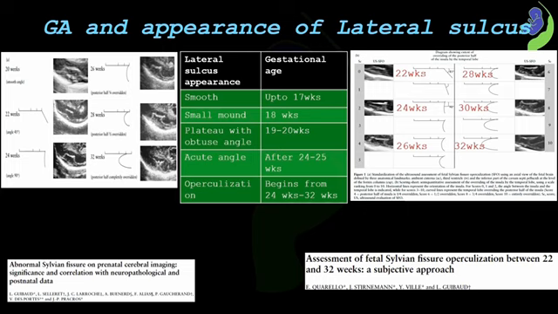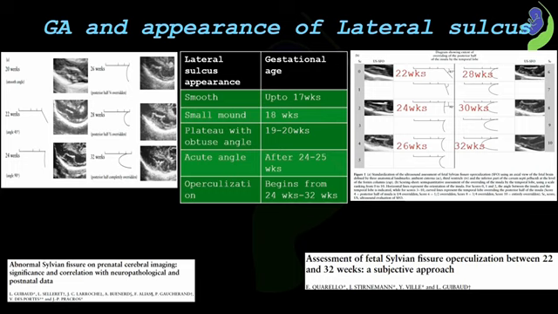Around 18 weeks, the lateral sulcus begins to emerge as a small mound, and by 19 to 20 weeks, it progresses into a plateau-like structure with an obtuse angle between the insular cortex and the posterior lip of the lateral sulcus. At approximately 24 weeks, this angle becomes 90 degrees, representing a key morphological milestone. By 26 weeks, the angle becomes acute, indicating further infolding and deepening of the lateral sulcus.